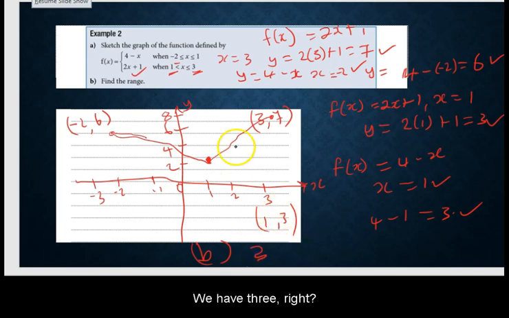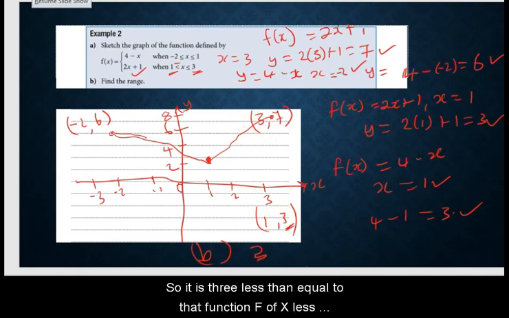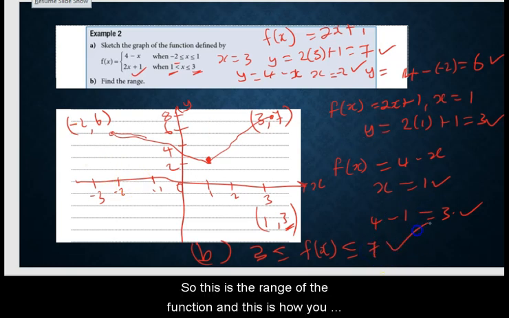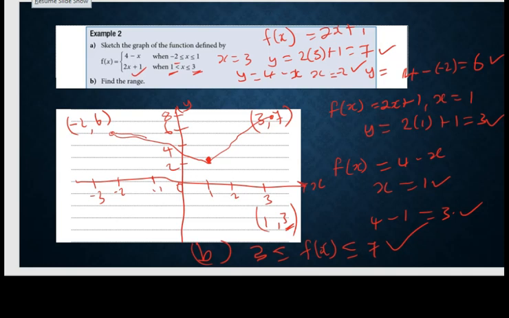We have 3, right? So it is 3 less than or equal to that function f of x less than or equal to 7, right? So this is the range of the function, and this is how you are able to graph and also to compute the given range.